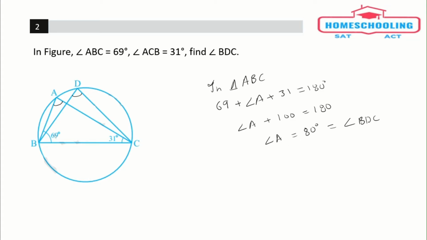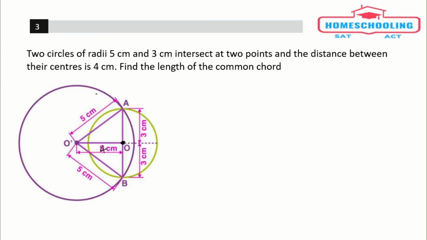Now moving to the next question. Two circles of radii 5 centimeters and 3 centimeters. This one is the larger one, 5 centimeters, and the smaller yellow one is 3 centimeters. They intersect at two points, A and B. The distance between their centers is 4 centimeters.